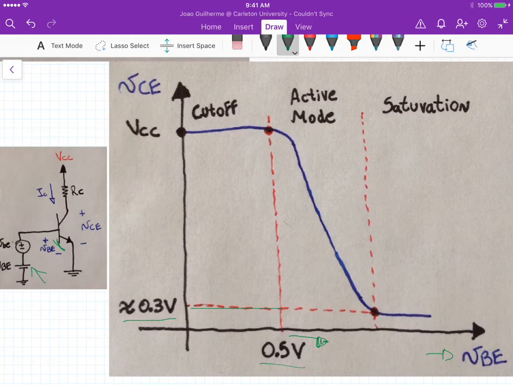And because VCE at the output represents the output signal in the amplifying circuit, and we want to have a sinusoid at the output, we need to define a VCE here that allows us to have this oscillation.